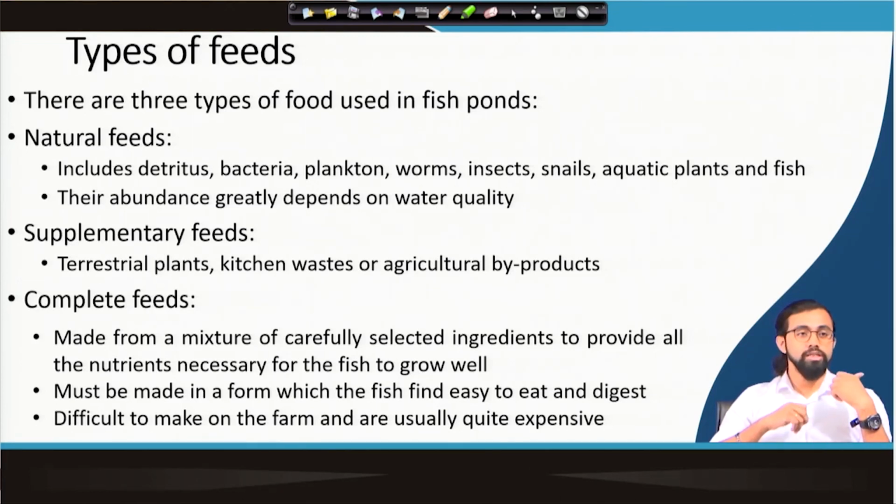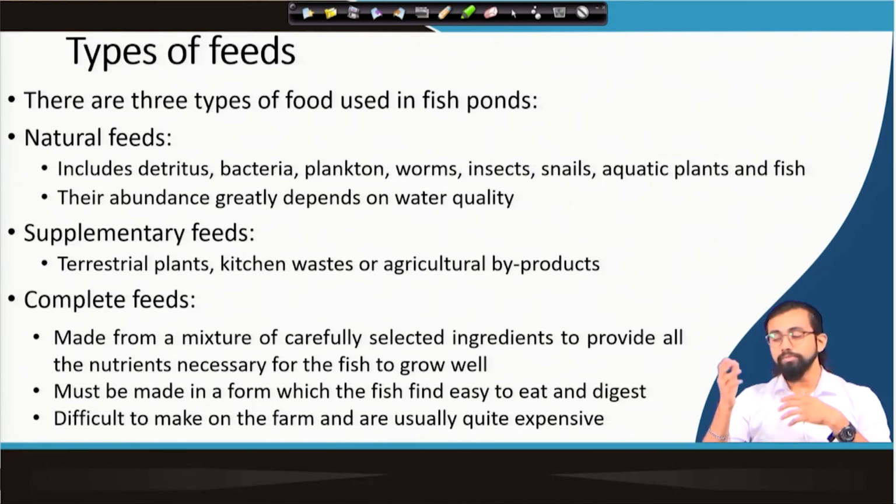Say you're culturing something other than fish, or say any small fishes. When you're culturing small fishes, they have a much higher feed requirement. Their feed has a size which is good enough for them to swallow and utilize.